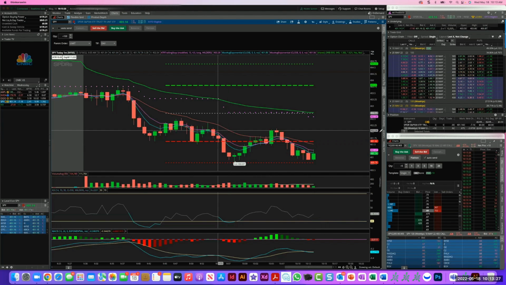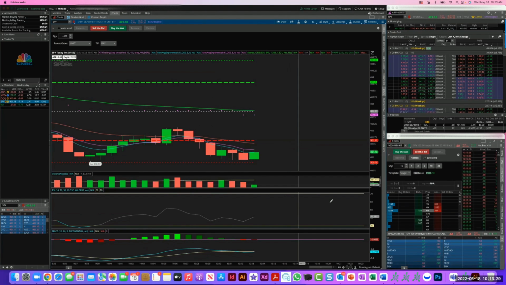Struggling here with this 8-day EMA and the 5-day EMA.